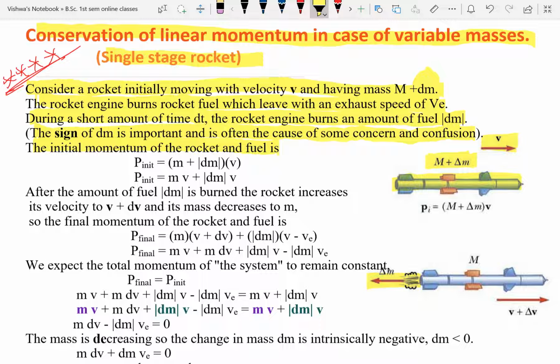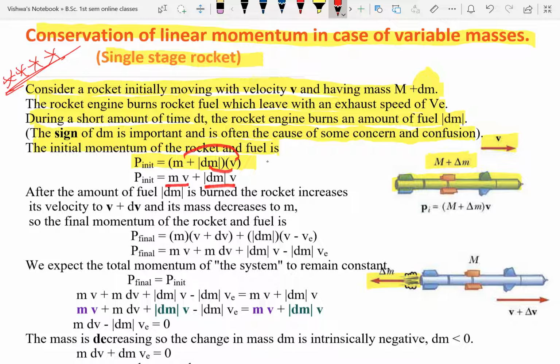The product of mass and velocity gives momentum. So the initial momentum is (m plus |dm|) into v. Expanding this, we get mv and |dm| into v. So P initial is mv plus |dm| v, where we take the modulus because of the sign conventions.